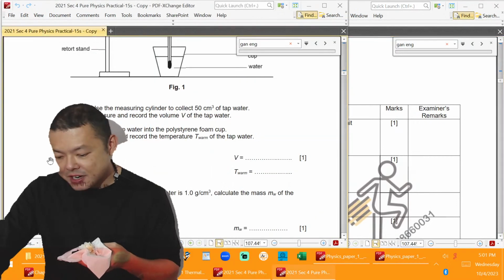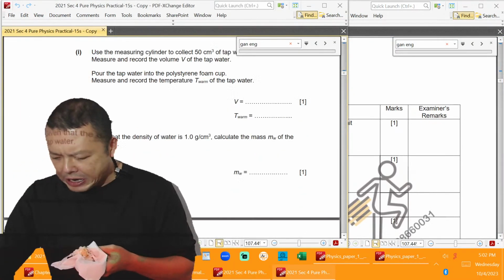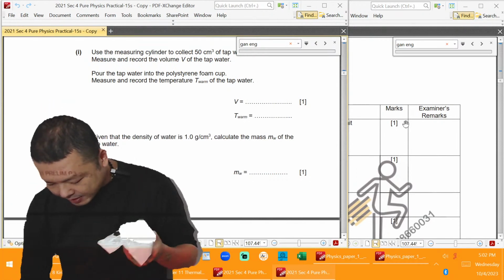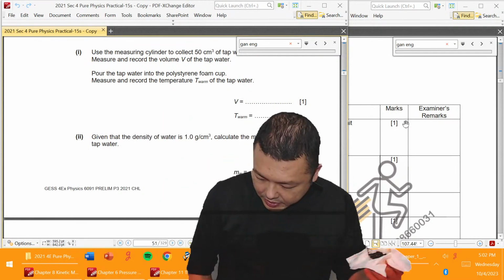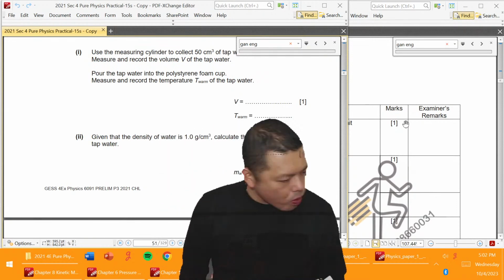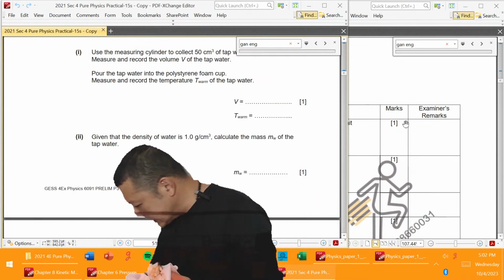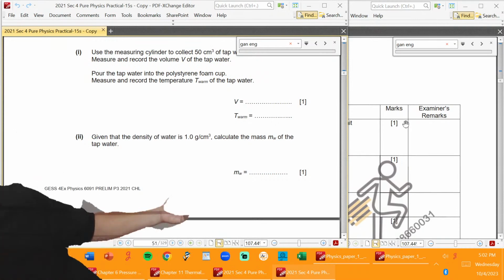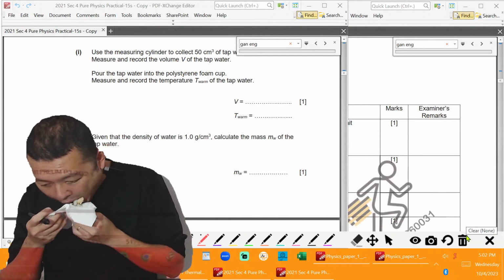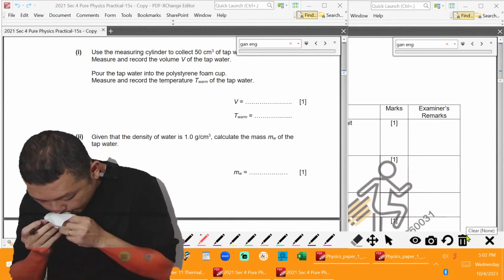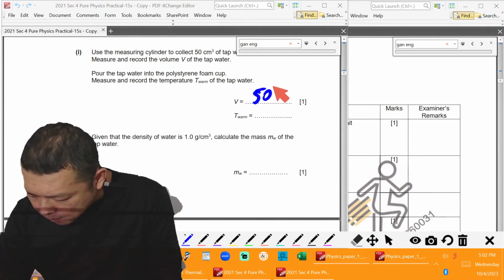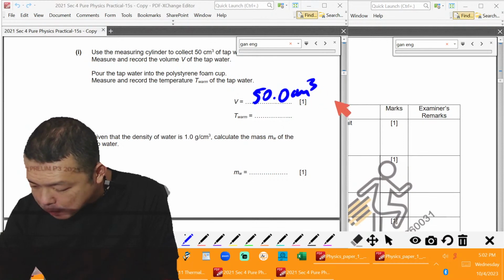Wow, this one first question already both is half. Okay. Calculate the mass. Given these numbers, write down the numbers. Let's write 50.0 cm cube.